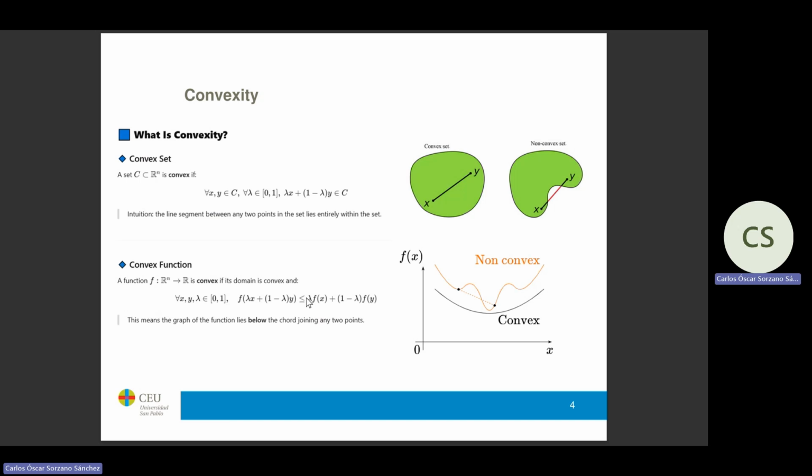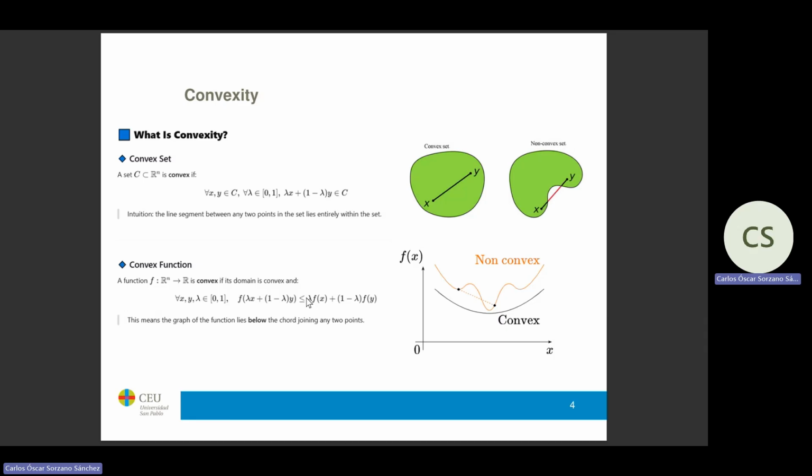For this convex function, if you take any 2 points and you join them by a segment, the function is always below the segment. Here it doesn't happen. Sometimes it is above the segment, sometimes it is below the segment. So if it is always below the segment, it is convex. And you can also think of it this way: the region of the space above the function is a set, and the segment is fully contained in that set. So it is the same definition as this one.